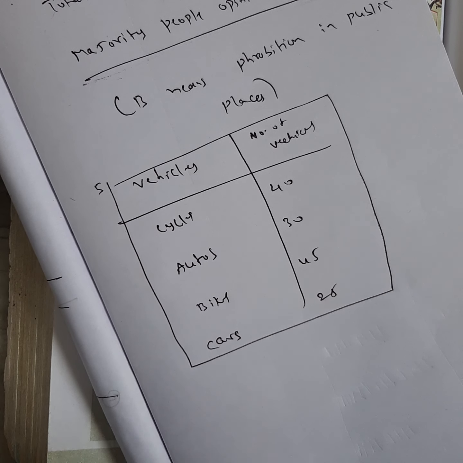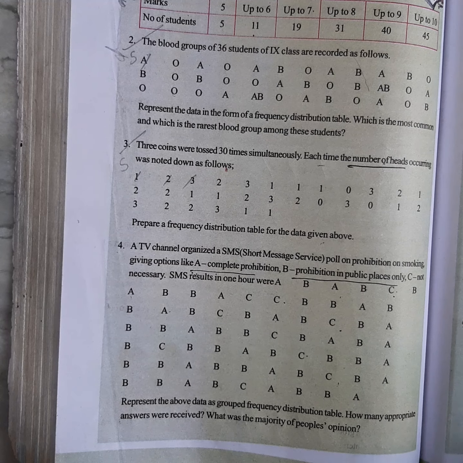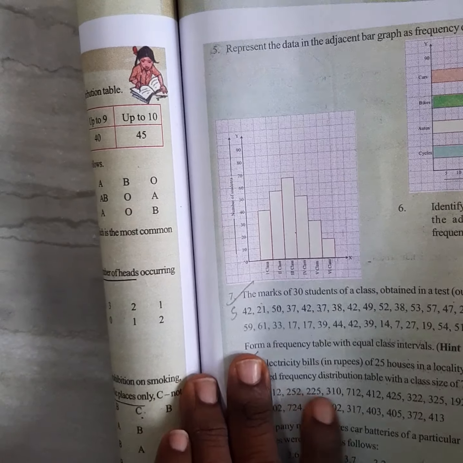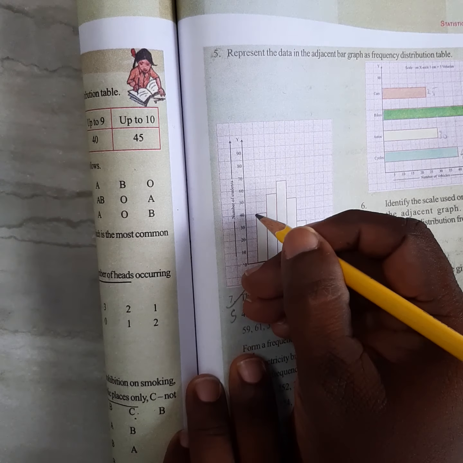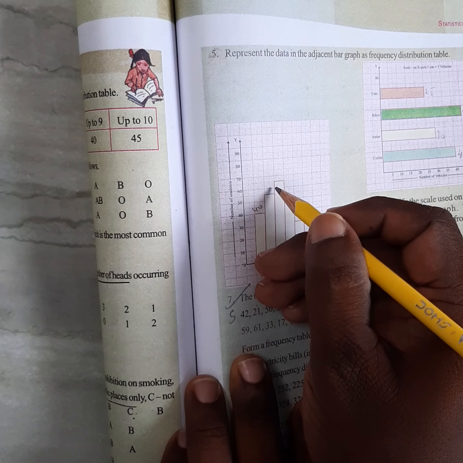So already, children, the data can be represented in the form of a table, bar graph, pictograph or histogram, anything you have to represent. In the same way, question number 6 also asks you to represent the data. Class 1, how many are there? 40. Class 2? 55.